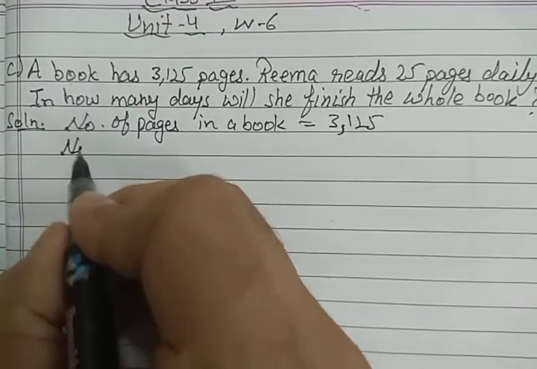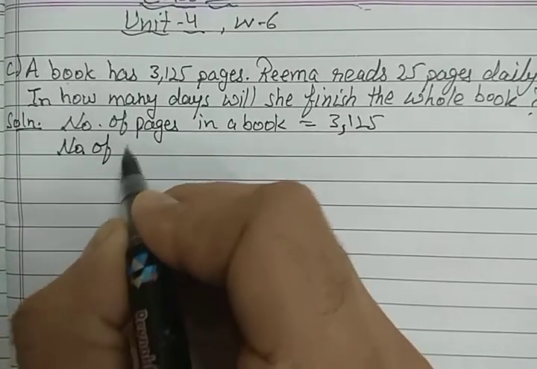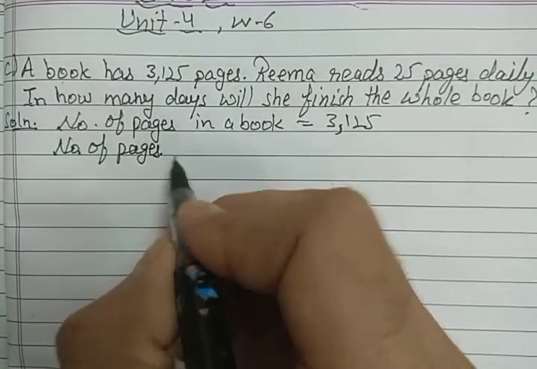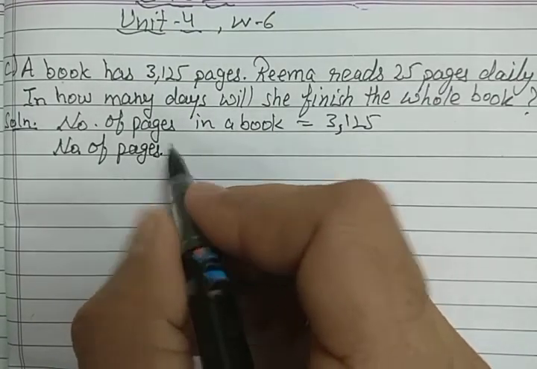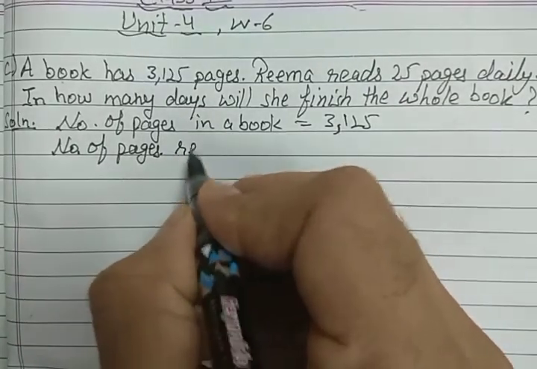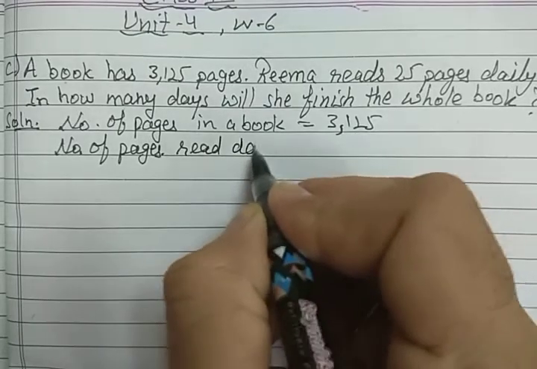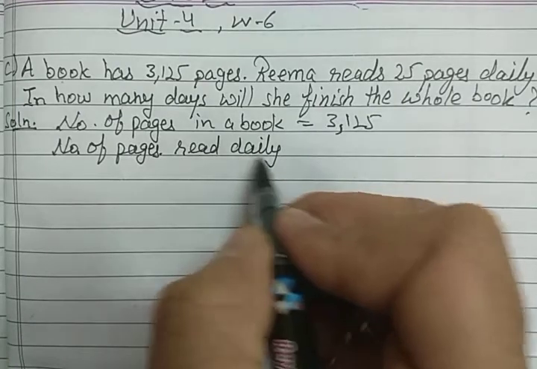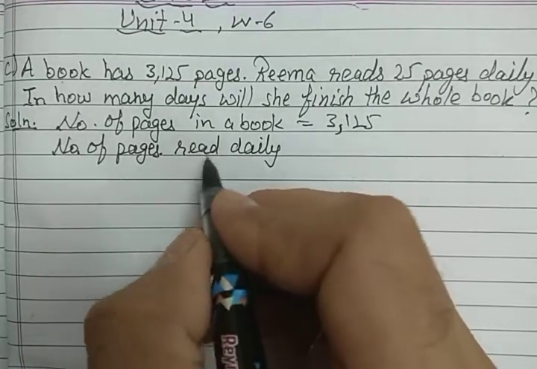Number of pages read daily. मतलब डेली जो पेजेस, या यू कैन राइट instead of read daily, you can write number of pages read in one day.